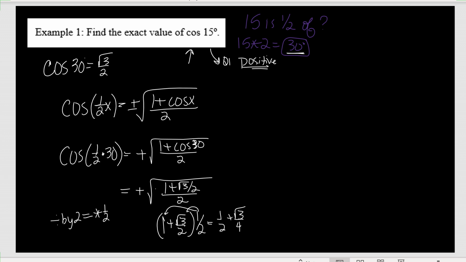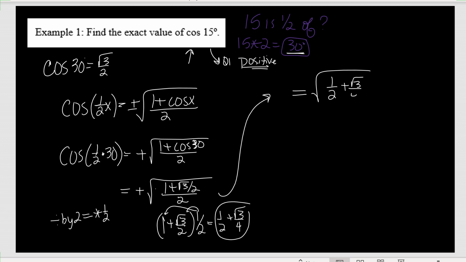You could also just do 1 divided by 2, square root of 3 over 2 divided by 2. Whatever works for you. But we are now going to rewrite that: this equals the positive square root of 1/2 plus the square root of 3 over 4. Get a common denominator. So you have 2/4 plus the square root of 3 over 4 under your radical.